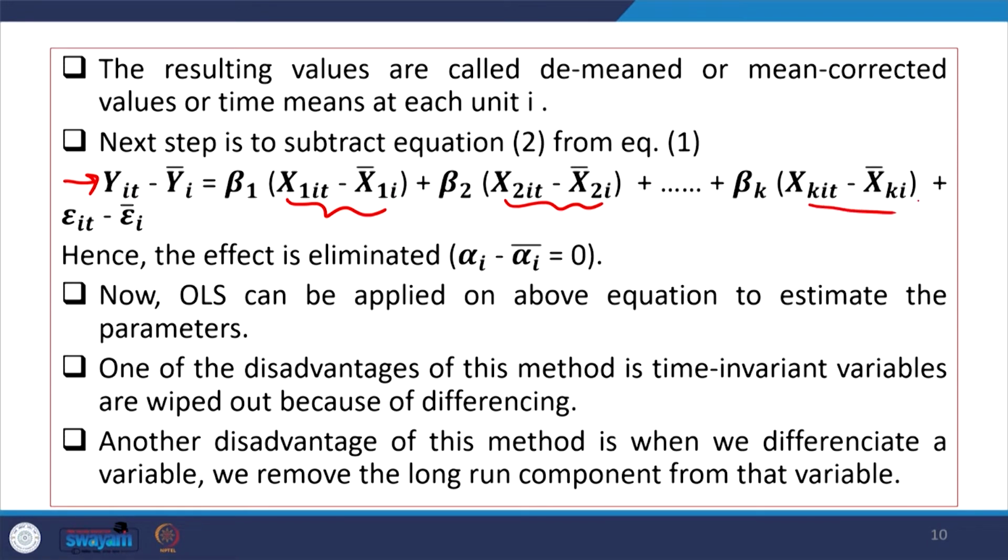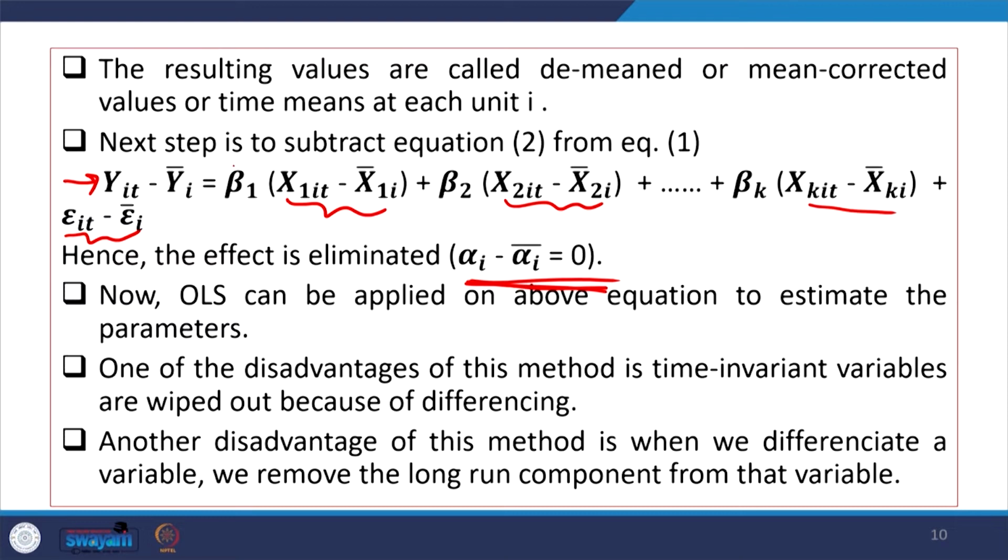Now what is interesting is that if there are no changes in the constant term, especially when we know that it has a fixed effect, then alpha i minus alpha bar is going to be 0. When this is completely 0, the rest of the equation is simply our OLS type of model. It simply has beta coefficients having no further changes or dynamics within it.